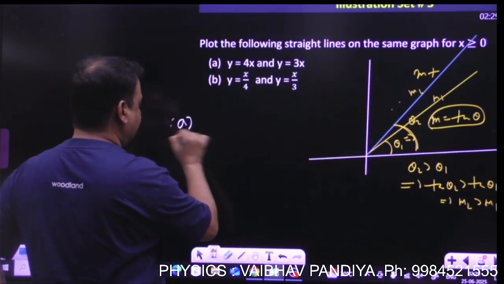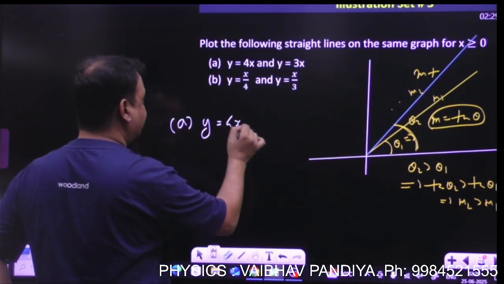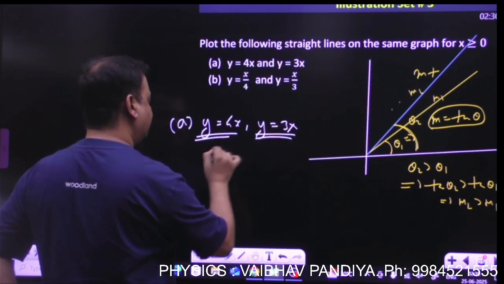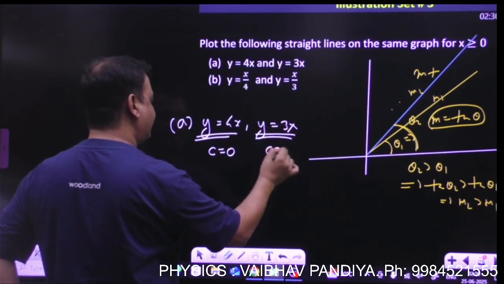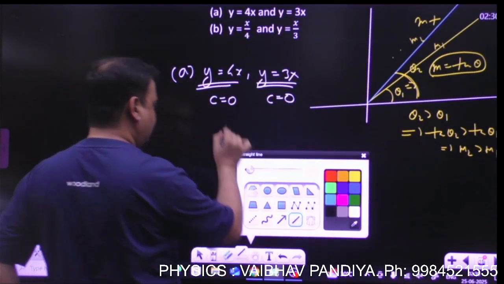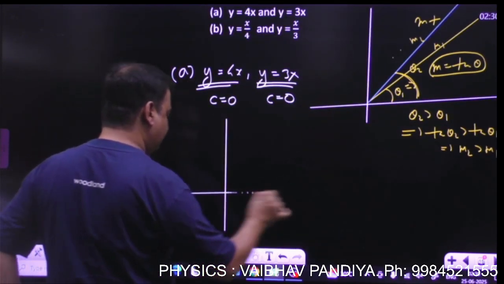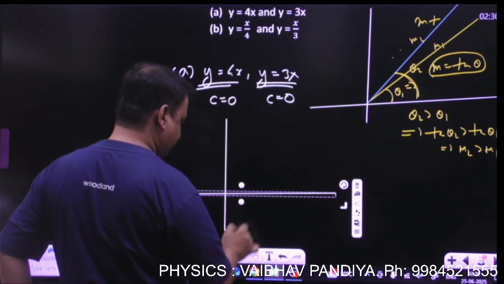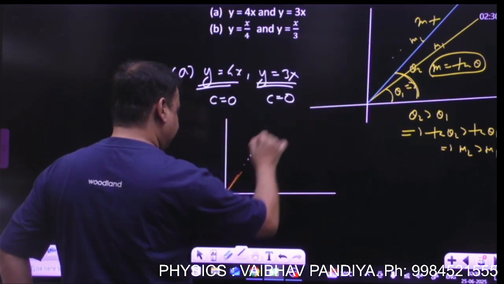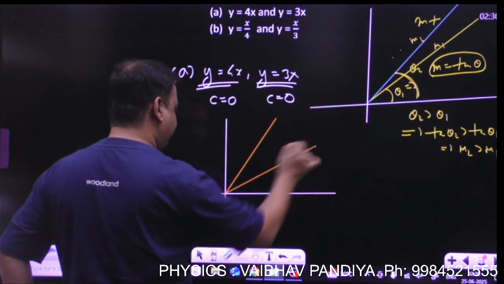Like in A, y is equal to 4x and y is equal to 3x. In both the graphs, the value of c is 0. That means both the graphs would be passing through the origin, correct? But they differ in the values of m.